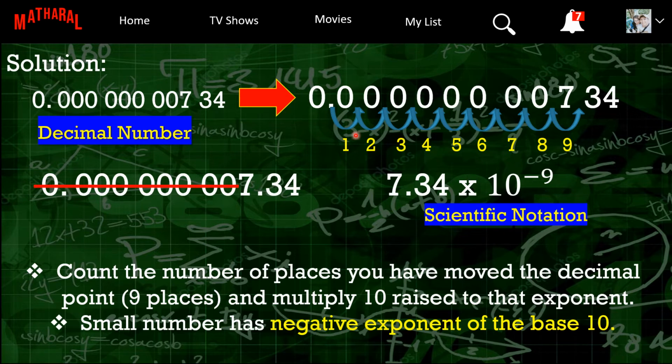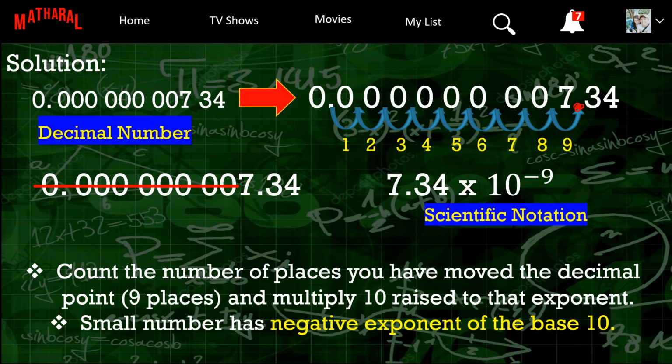Here, we move the decimal point, and it falls between 7 and 3. Then we will not place another decimal point. It says to count the number of decimal places. So we have 1, 2, 3, 4, 5, 6, 7, 8, and 9. So it is 9.